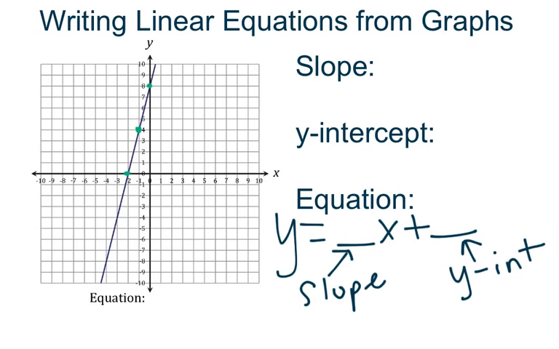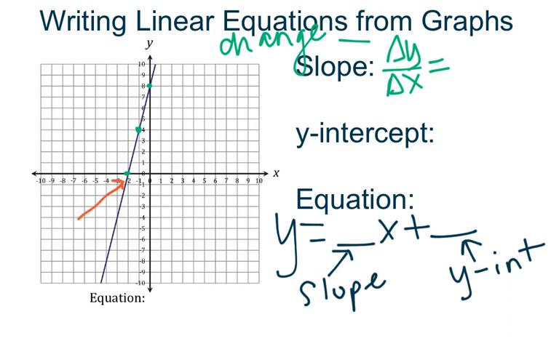Remember, the formula for slope is delta y over delta x, and delta just means the change. So basically, how much is the y changing and how much is the x changing? And it's just a formula. So if we go from one point, I'm going to be at this point right here, and then we're going to make our way to this point.